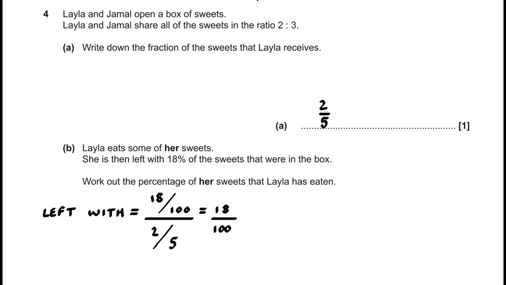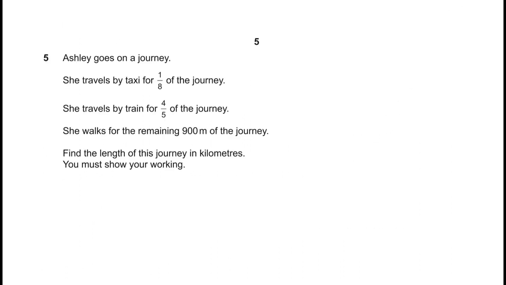So this is the same as 18 over 100 multiplied by 5 over 2, which is 45 over 100, which is how much she is left with as a percentage. So the amount she's eaten will be 55%.